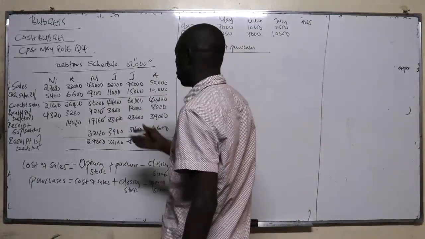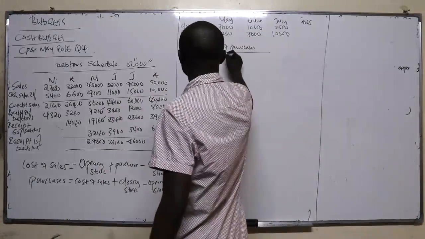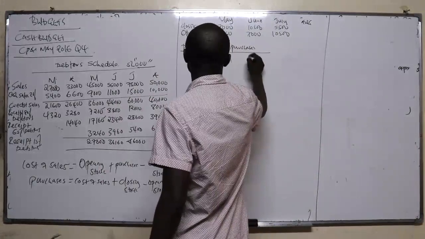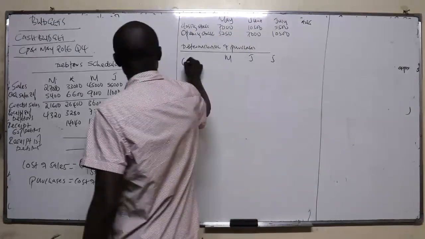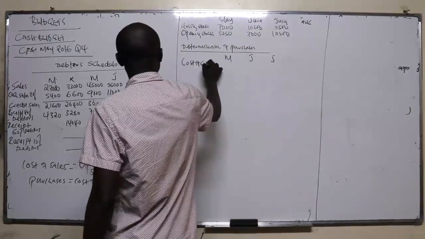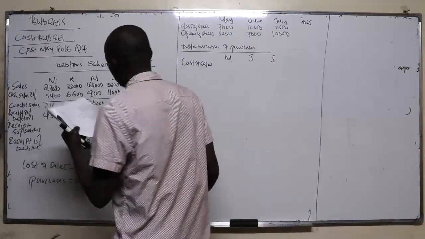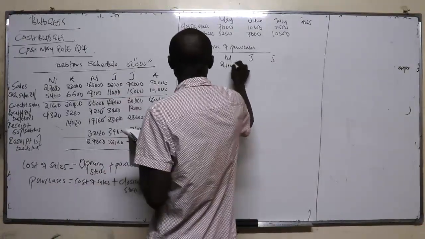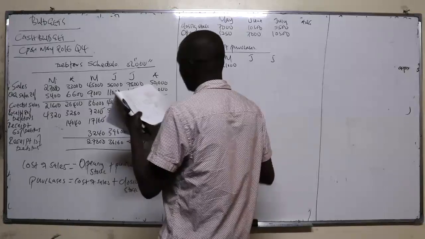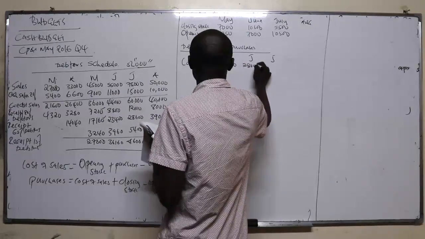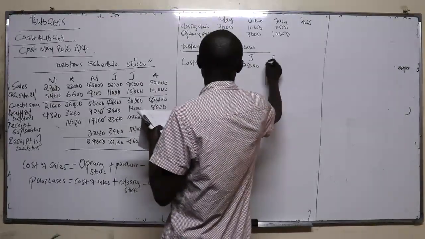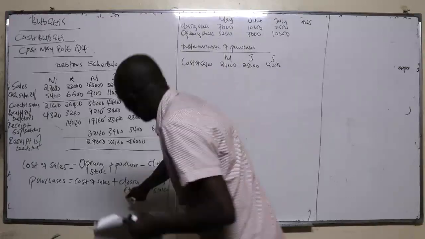So we said it's the cost of sales, isn't it? So that is May, June, and July. Cost of sales in May is how much? 21,000. In June is how much? 28,000. In July, 42,000, isn't it? So we said we add what?